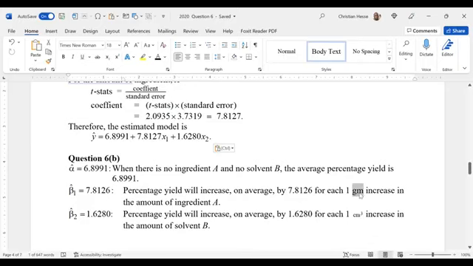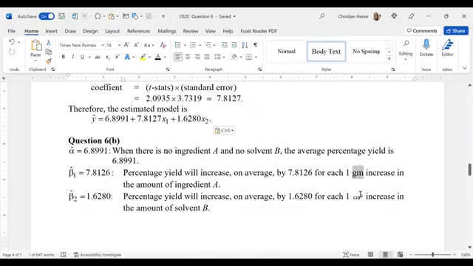Is it grams? Grams. A 1 gram increase in the amount of ingredient A. So for every 1 unit increase of ingredient A, the corresponding increase in the percentage yield will be 7.8126. That's the meaning.